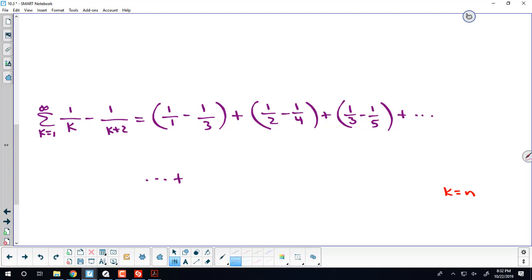It's not very efficient, but it gets you there. So this is when k equals n minus 2: 1 over n minus 2 minus 1 over n.